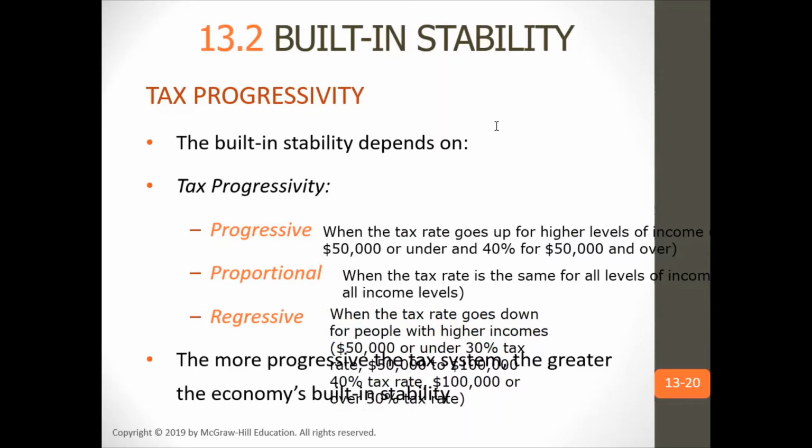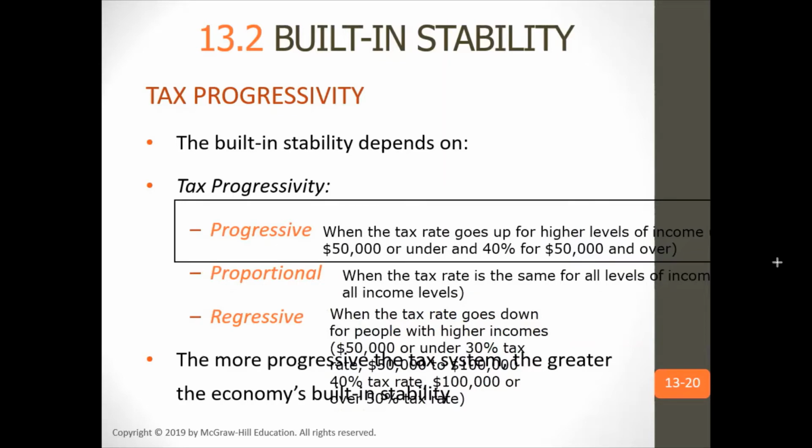So you want a progressive tax system. That's ideal because it's more equal. It's better that the rich pay a higher percentage of their income in taxes, because the poor can barely pay taxes. The rich can pay taxes.